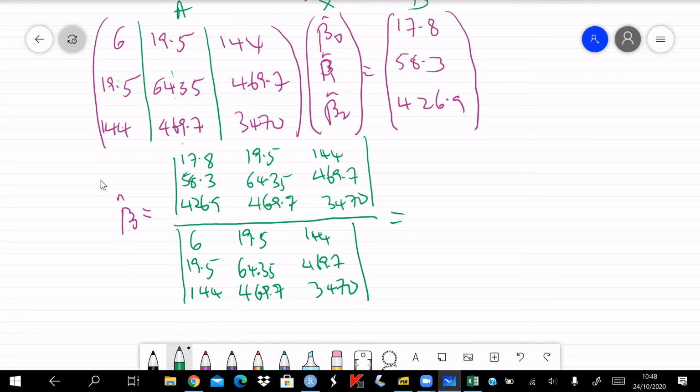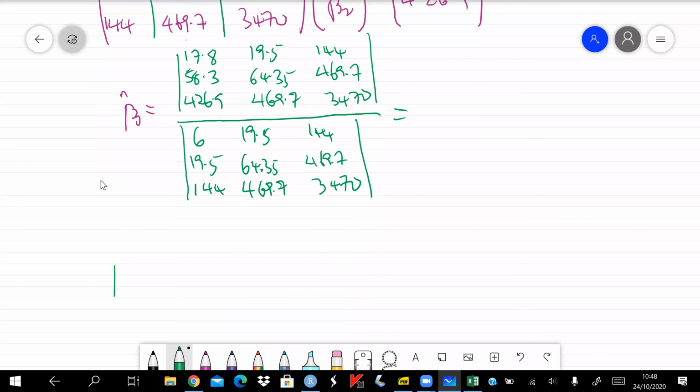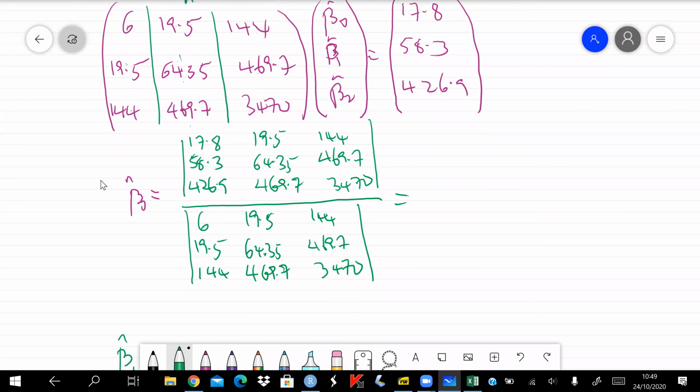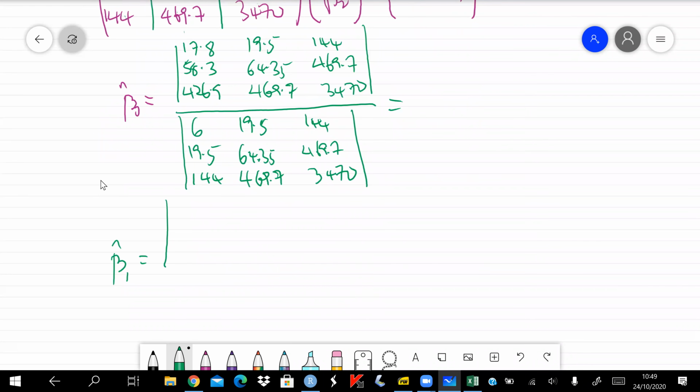Then the value of beta 1 estimate will be given by, I now replace the second column of matrix A with this vector B here. So I'll have the determinant of, the first column remains 19.5, 144.